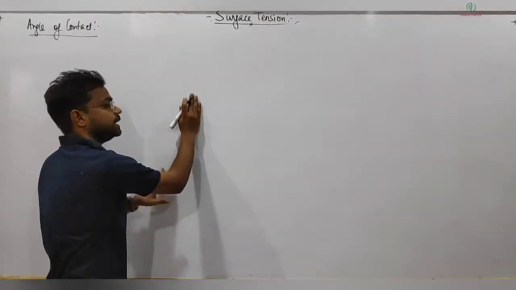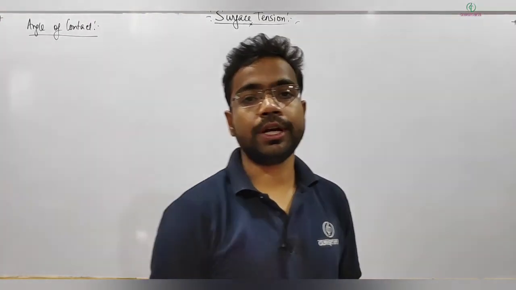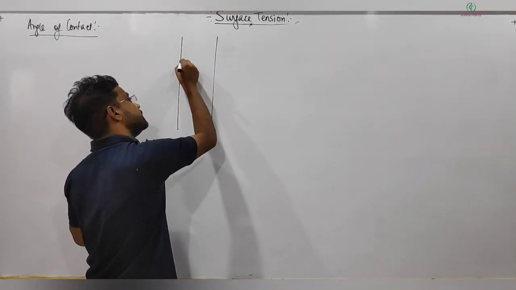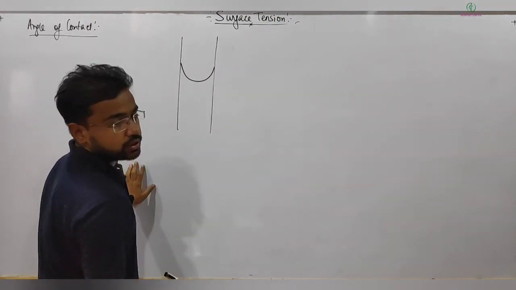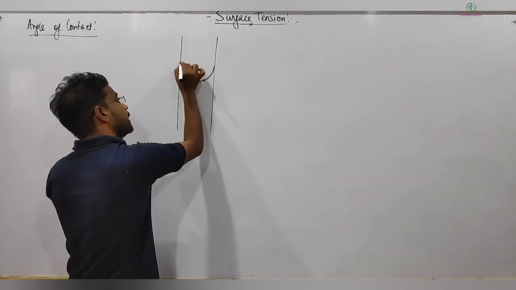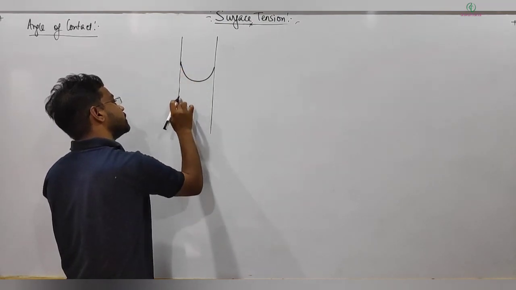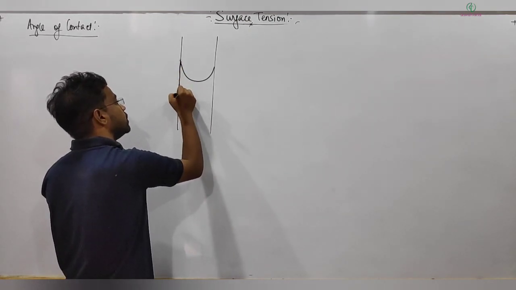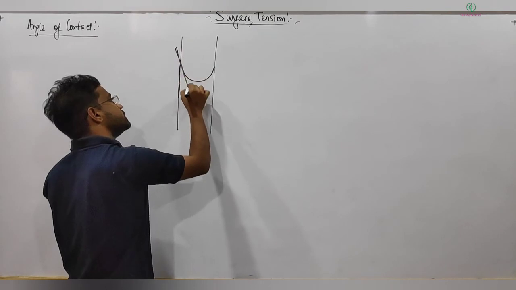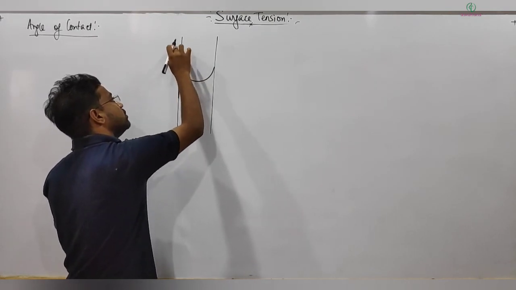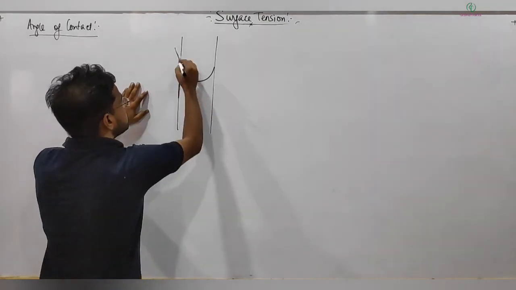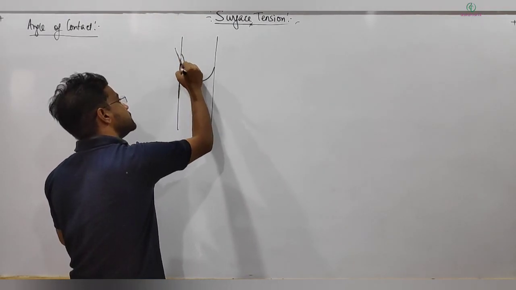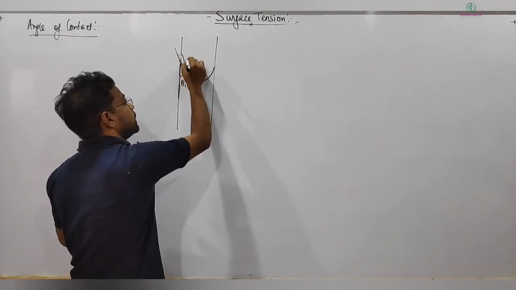So what happened in case of different pairs of solid and liquid in the capillary, we understood the meniscus shape is in different orientation like this. So here this is the wall of the container, and if I draw a tangent to the free surface at the point of contact of these two, then there are two angles possible, one is this, another is this, let's say theta 1 and theta 2.